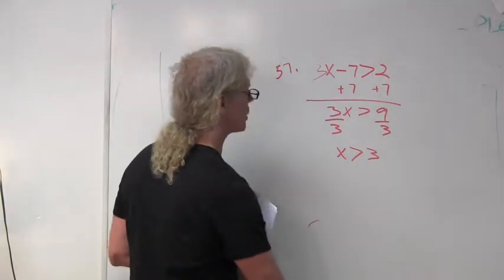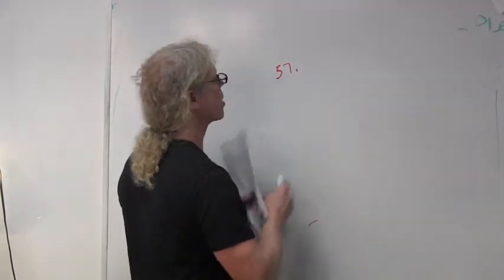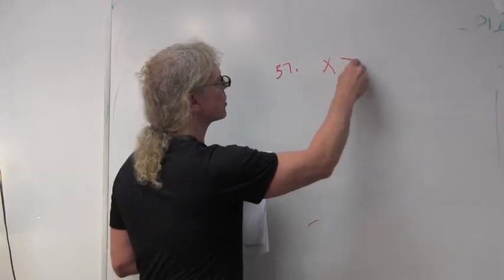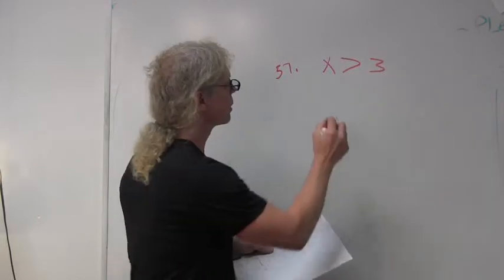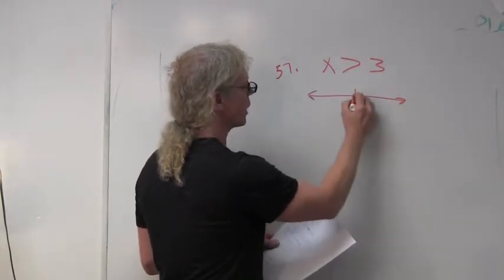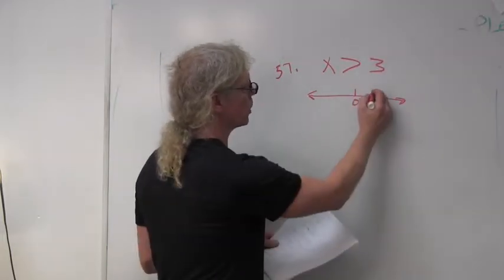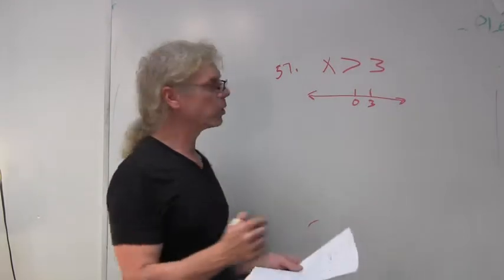We want to graph x is greater than 3. We'll draw a number line. I'll locate 0. I will locate 3. It is greater than, but it's not equal to.